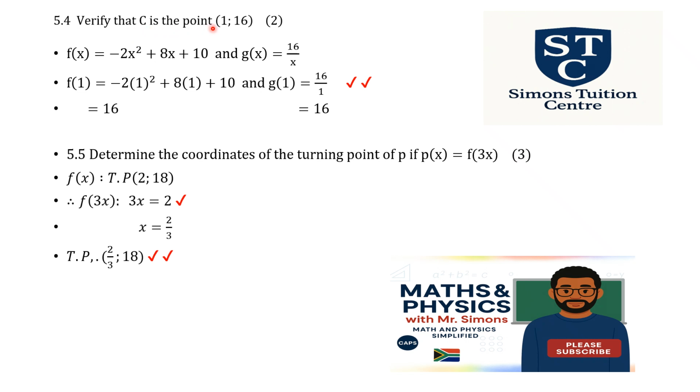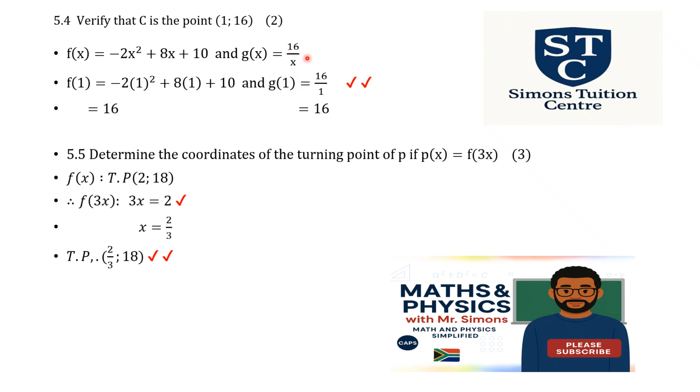Verify that C is the point (1; 16). C was a point of intersection. So if I put 1 into both equations: f of 1 is minus 2 times 1 squared plus 8 times 1 plus 10; 10 plus 8 gives me 18, 18 minus 2 gives me 16.